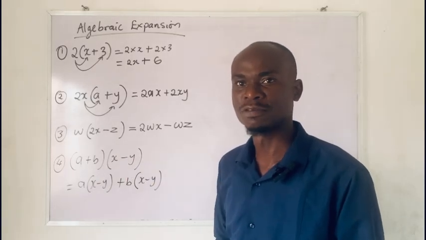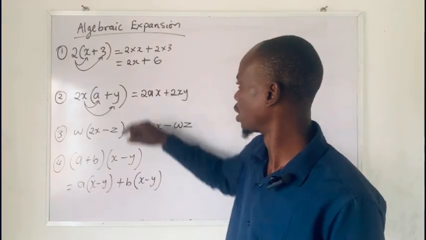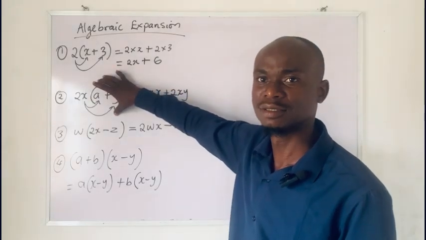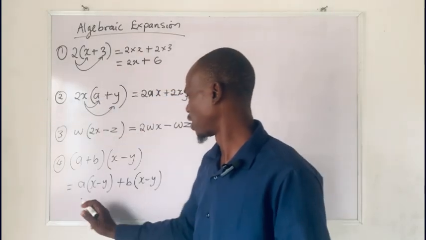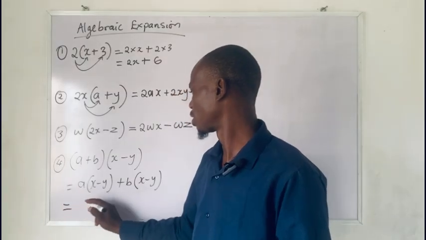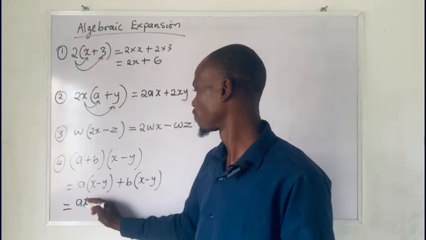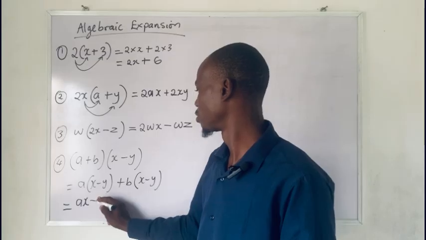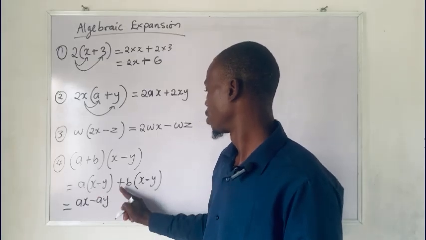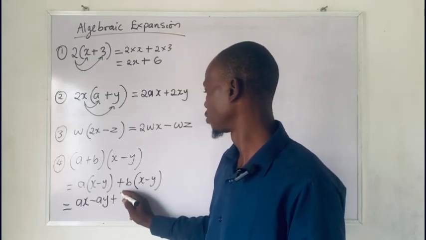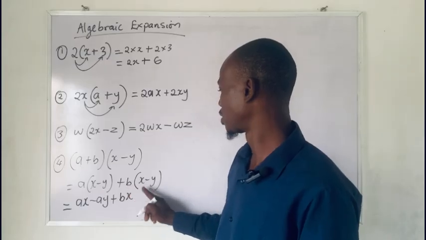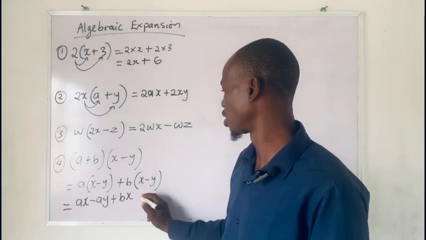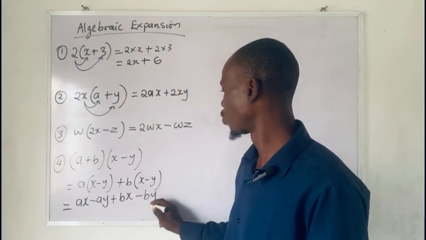So now we can simplify that. You can see we have broken it to be like a single term outside. So if I want to expand, a times x, ax, a times minus y, minus ay. b times x, plus bx, b times minus y, plus times minus is negative, minus by.